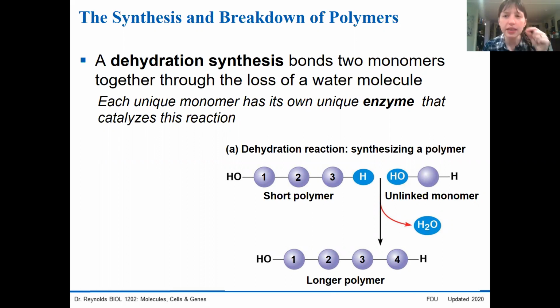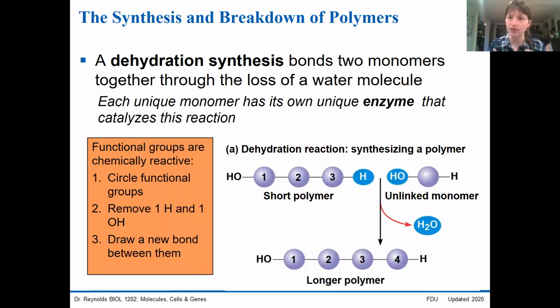Now there is a little bit of a misinterpretation here, and that is that this particular image is showing you some terminal hydrogen just floating out there that we can remove. But in actuality, the only hydrogens and oxygens we can remove are going to be coming from functional groups. That's one of the important aspects of these functional groups, is that they're chemically reactive.